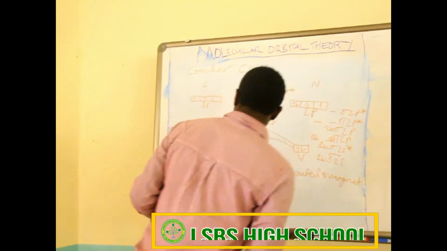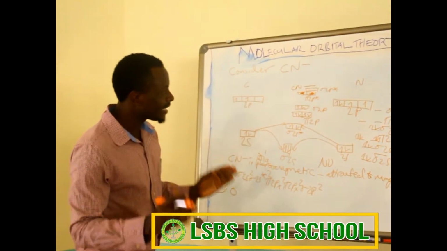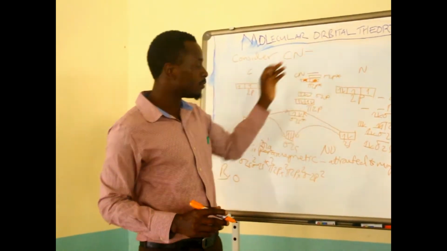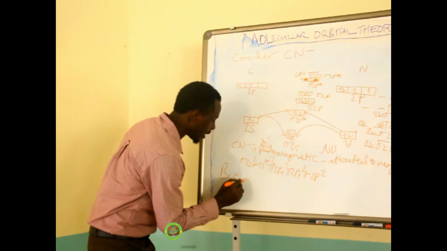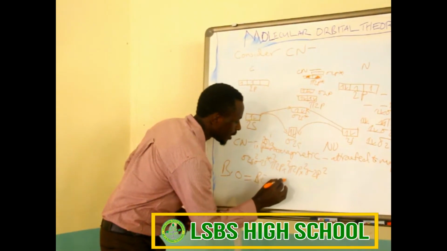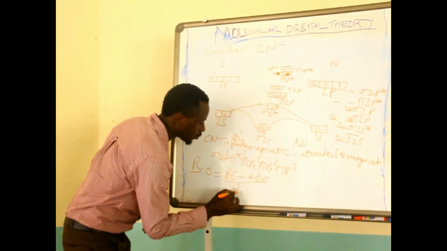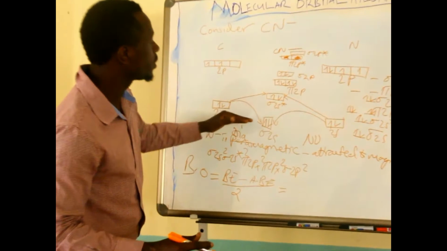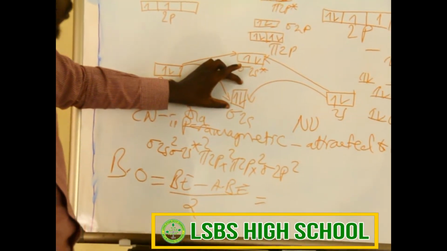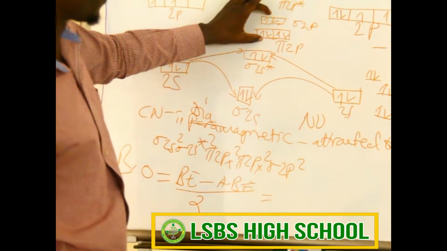Now we can calculate bond order, which tells how many bonds are found in this molecule. The bond order is calculated by bonding electrons minus antibonding electrons, over 2. The bonding electrons are in the lower energy orbitals, which are this one and this one.